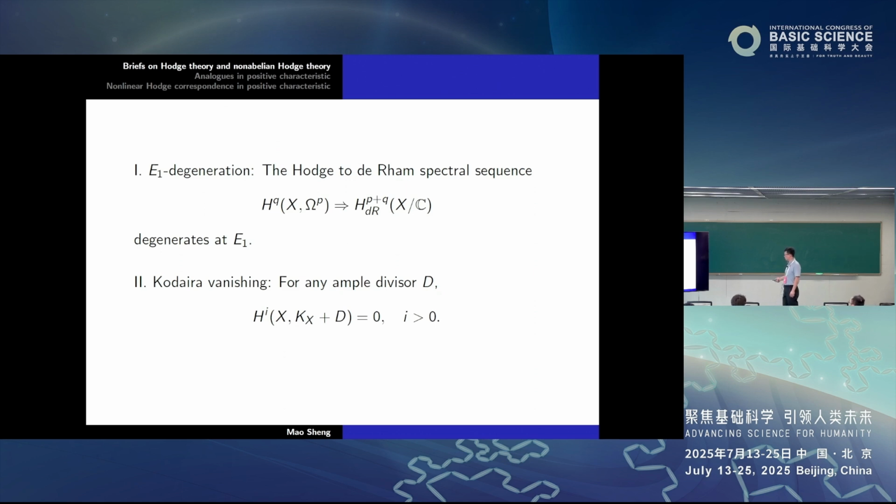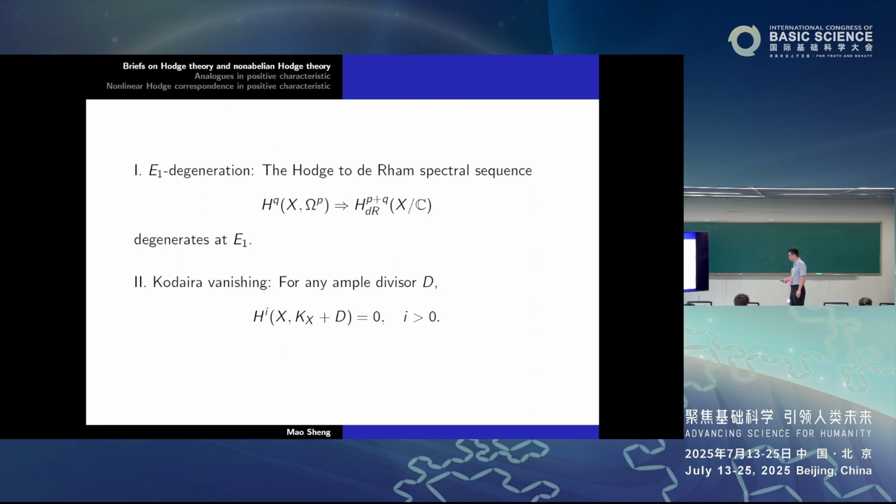So you have the so-called algebraic de Rham cohomology. And this purely algebraically defined spectral sequence degenerates at E1. This is a very deep consequence of the theory of harmonic forms.